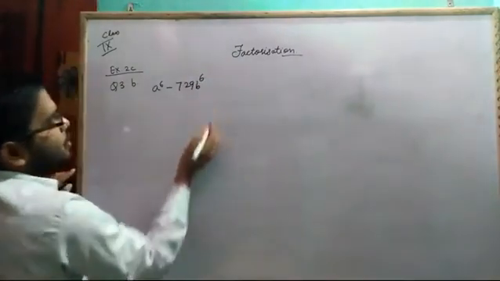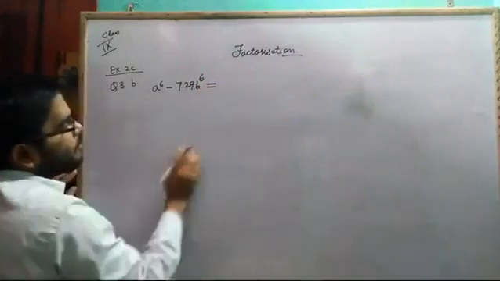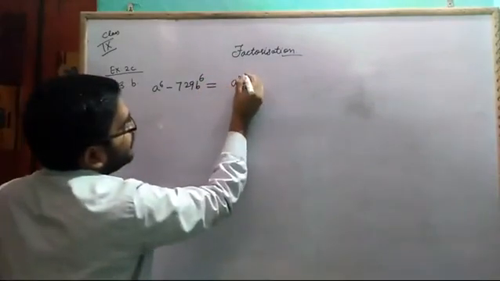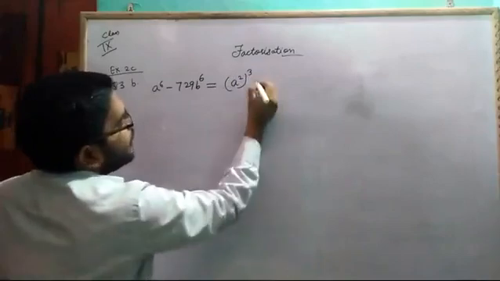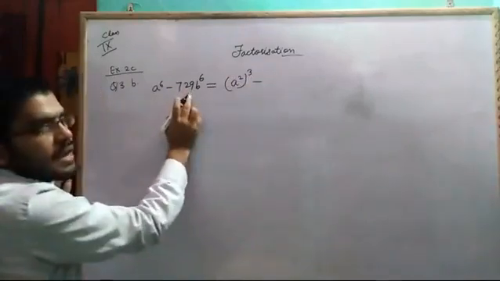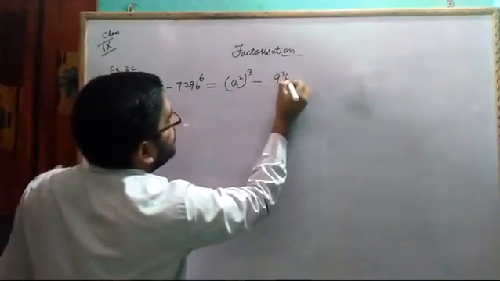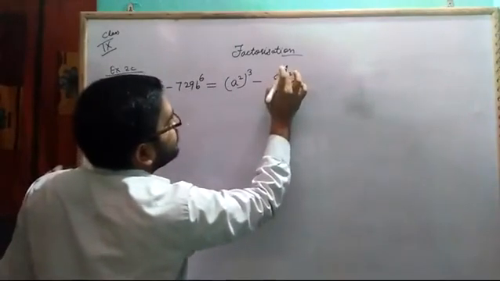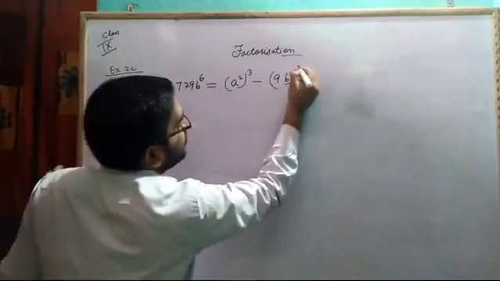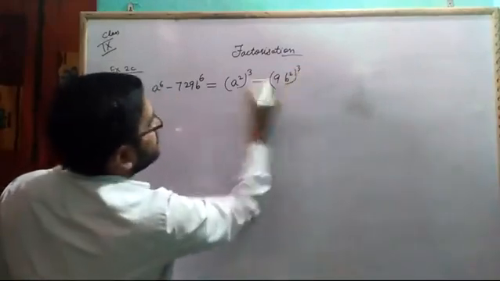Now how are we going to solve this? If you see this, it is (a square) whole cube minus, 729 is the cube of 9, (9 cube b square) whole cube, 9 cube b raised to the power 6.